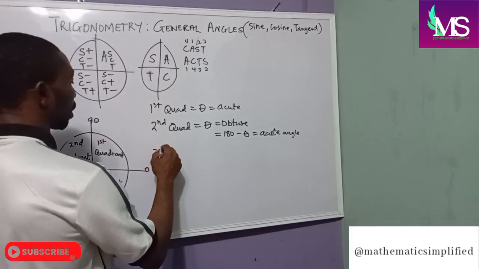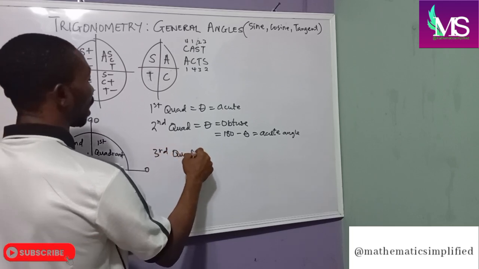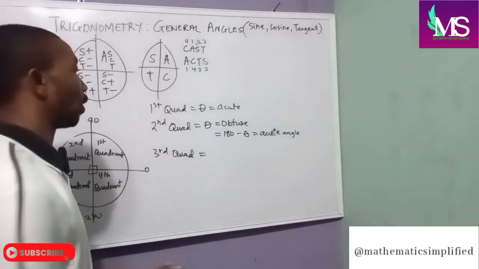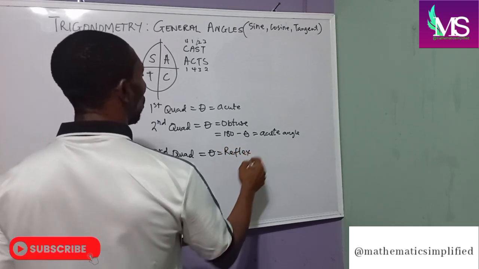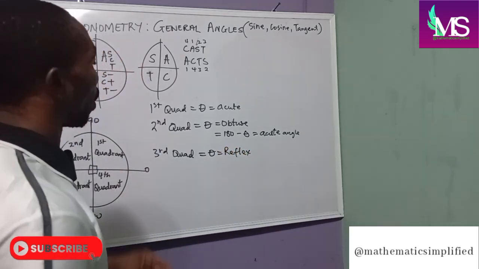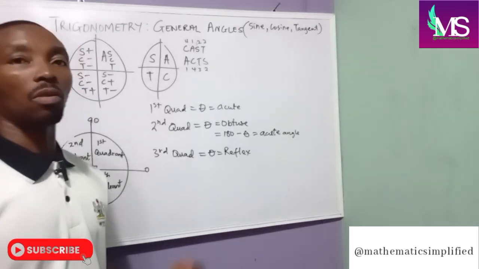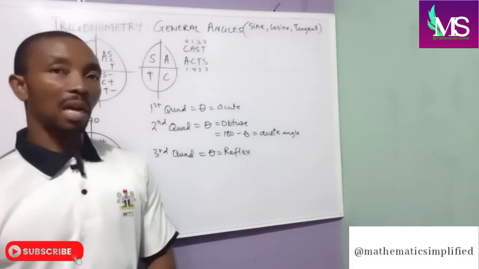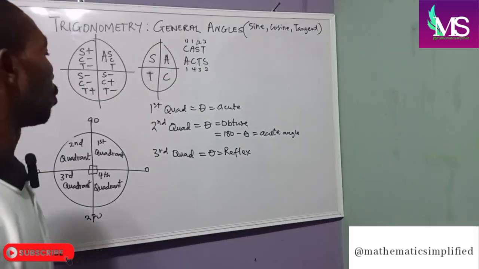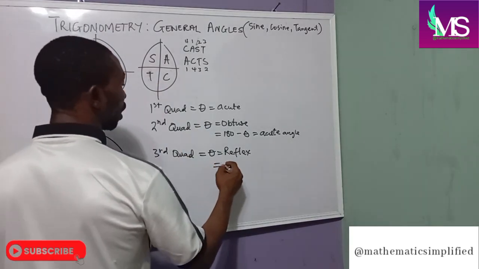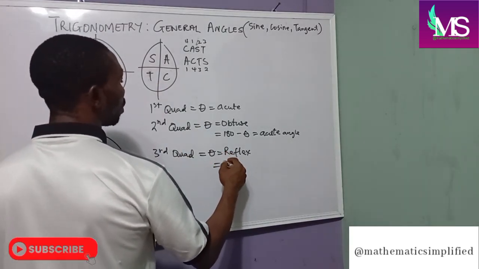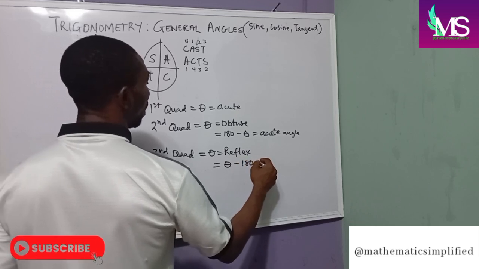Now for the third quadrant, we know that theta is going to be reflex. Reflex angles are angles that are greater than 180 but less than 360. And for us to get the acute angle in our third quadrant, we'll do theta minus 180 degrees.